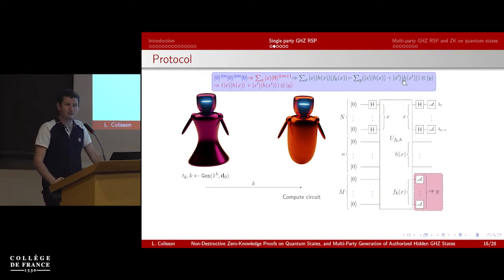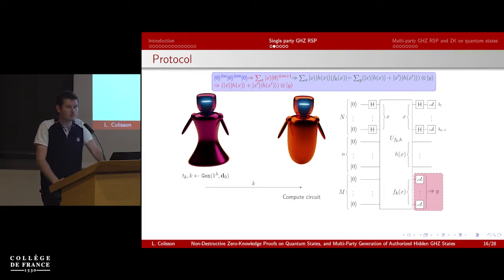Now the server will measure these last registers, which will collapse this huge superposition into a much simpler state. You will have a y outputted by the server, and on the first 2 registers you will have the superposition of x and h(x) together with x prime and h(x prime).